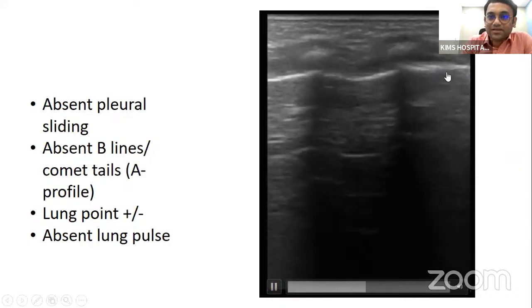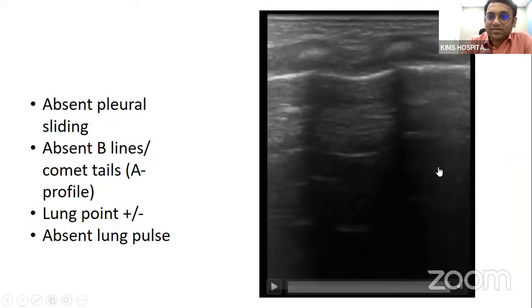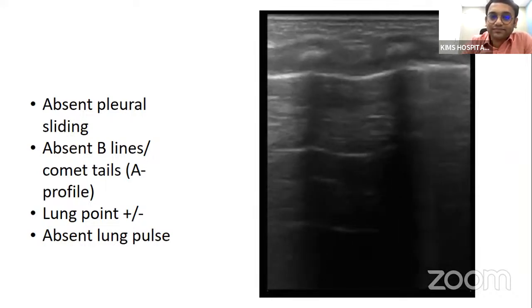Here we can see that lung sliding is happening. Here there is no lung sliding, there are A lines, and here there is a B line. So this is a lung point. So absence of pleural sliding, absence of B lines, and presence of A lines with a lung point is usually suggestive of pneumothorax.